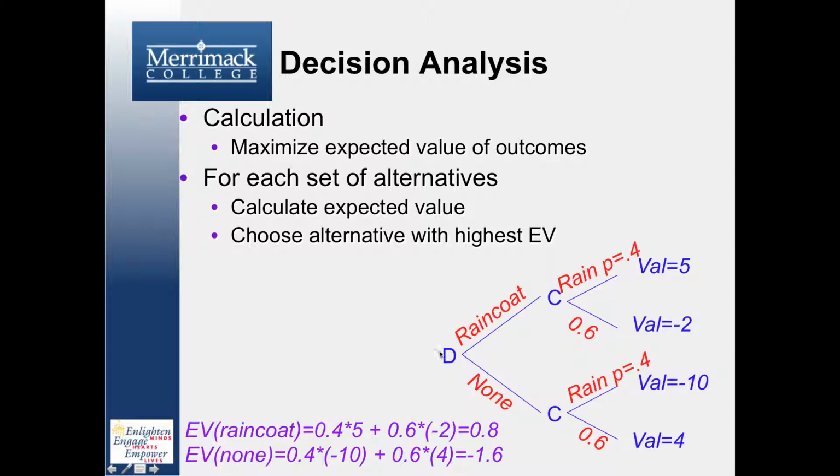Now the expected value of not choosing a raincoat is the probability that it will rain times the value of that particular choice, plus the probability of no rain times the value of that choice. And I end up with a lower expected value for not choosing a raincoat. So I'll probably bring the raincoat if there's a 40% chance of rain today. That's the outcome, given these value terms that I've assigned, which are somewhat random, but they have some validity.